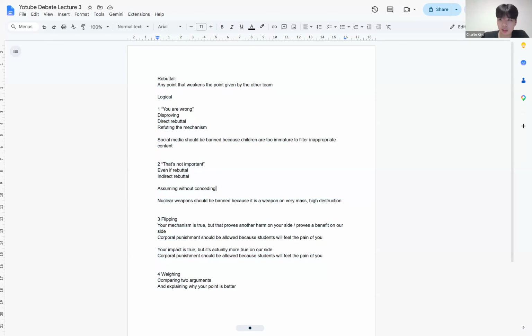And one more thing is that when you are able to do a direct rebuttal, then you should do it. In this case, about the nuclear weapons argument, you can't really give a direct rebuttal because that'd be a bit weird. But in cases like these, you should give a direct rebuttal.